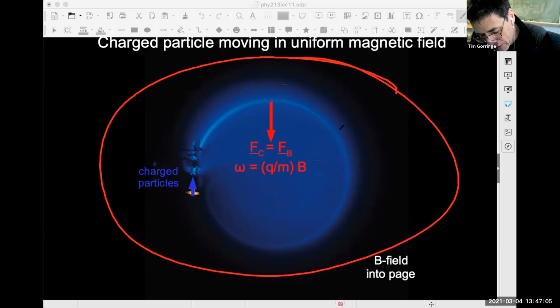They experience a magnetic force in the magnetic field that provides a centripetal force that creates this circular motion. And we're seeing the circular motion because the moving charge particles, they're electrons, are moving through a gas and they're causing the gas to glow. And so this is a demonstration of the circular motion of moving charge particles in a magnetic field.